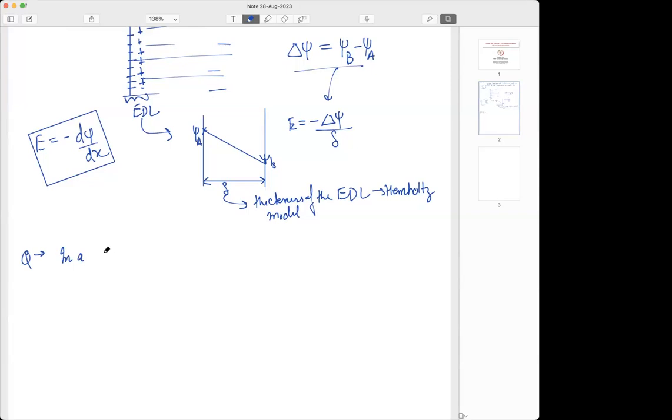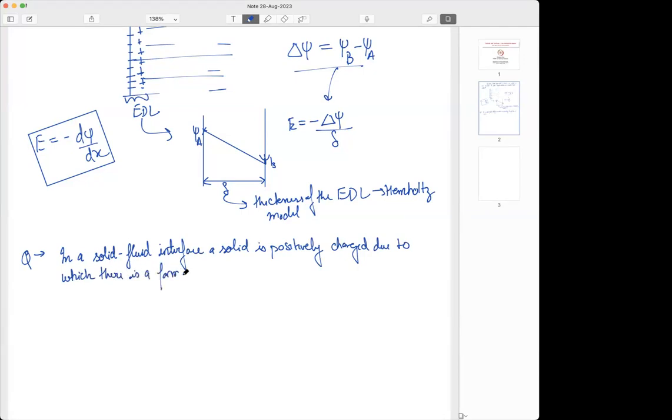So in a solid-fluid interface, a solid is positively charged, due to which there is a formation of an electrical double layer at the interface.